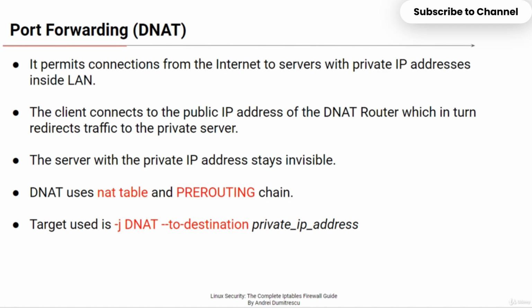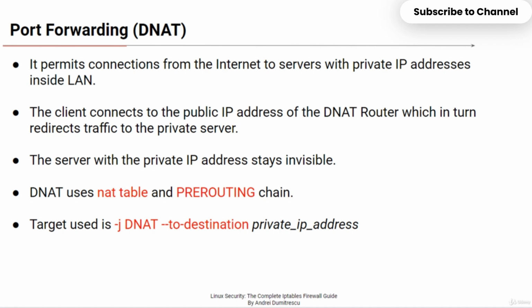In this video, we'll talk about DNAT, which comes from Destination Network Address Translation, aka port forwarding. Destination Network Address Translation, or port forwarding, is a technique that allows connections from the internet to servers with private IP addresses inside LANs.